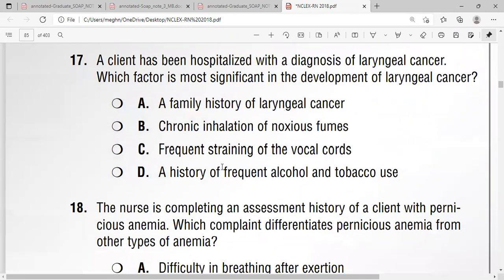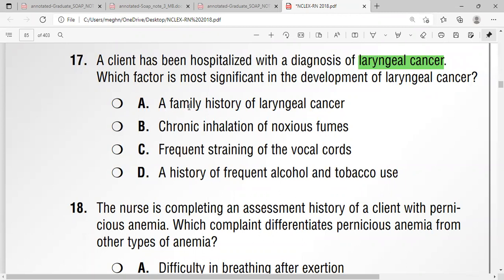Next question. A client is hospitalized with a diagnosis of laryngeal cancer. So this is the keyword. Which factor is most significant in the development of laryngeal cancer?